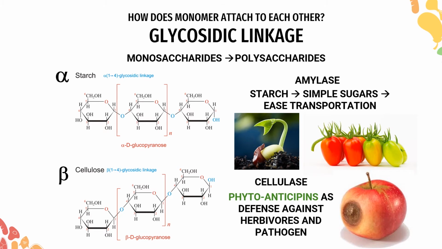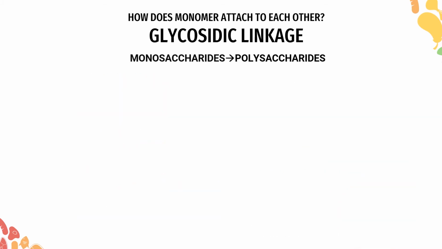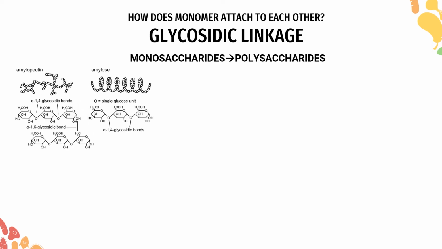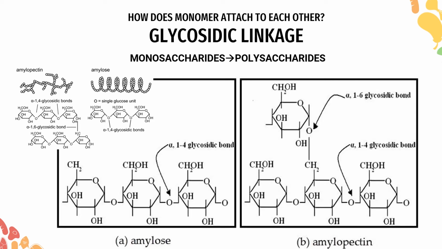Okay, next. I previously mentioned that starch is mostly connected through alpha-1,4 glycosidic linkage. Well, there are two kinds of glucans in starch, amylose and amylopectin. Amylose is a linear chain of glucose all joined by alpha-1,4 glycosidic bonds. While amylopectin is also mainly joined by alpha-1,4 glycosidic bonds, it also has some alpha-1,6 glycosidic linkages every 24 to 30 glucose units.